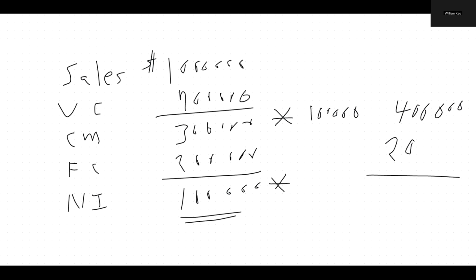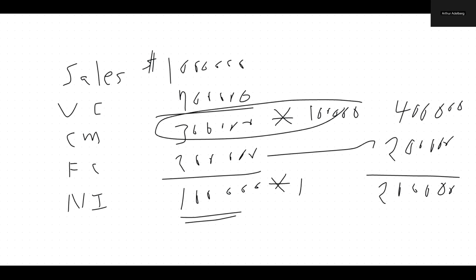It stays the same. Therefore, if I add 100,000 to my contribution margin, it's exactly the same thing as adding 100,000 to my net income, because the fixed cost remains the same.